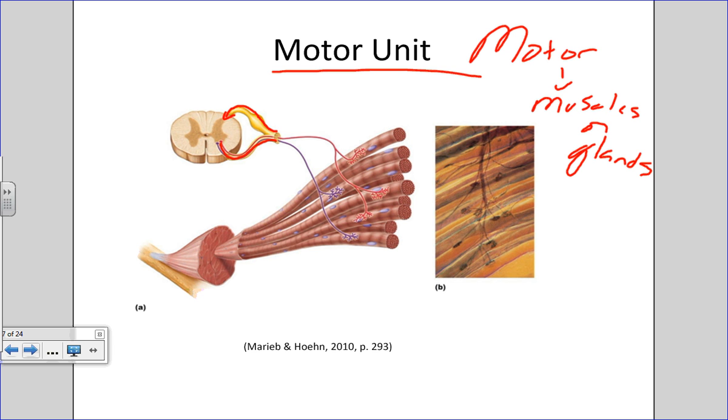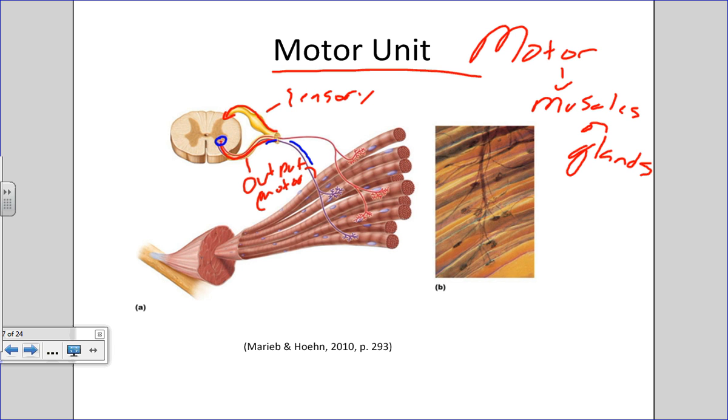So sensory is dorsal, motor output is ventral. The bodies of the neurons are found within the spinal cord, and their axons are very long. They project out of the spinal cord towards the muscle.